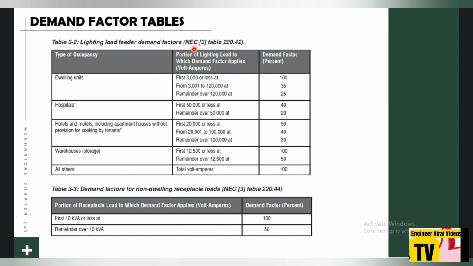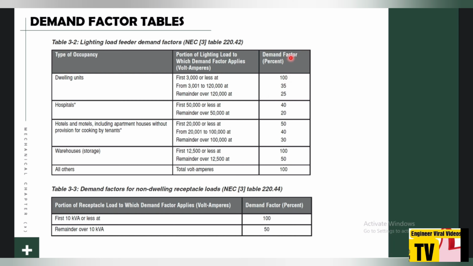And here these tables are made by the NEC, National Electrical Code. See here, this is the type of occupancy: dwelling units, hospital, hotel, and so on. Here we divided the load: 3000 watt or less, from 3000 watt to 120,000, and also over 120,000.